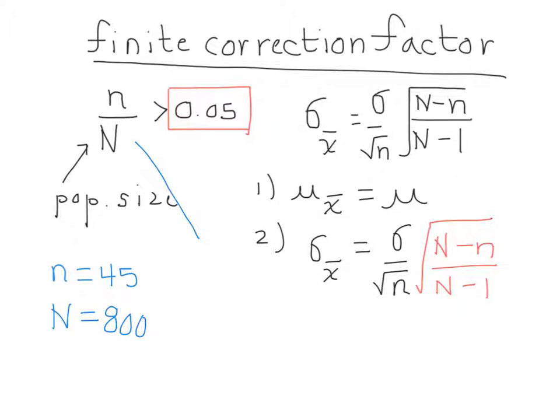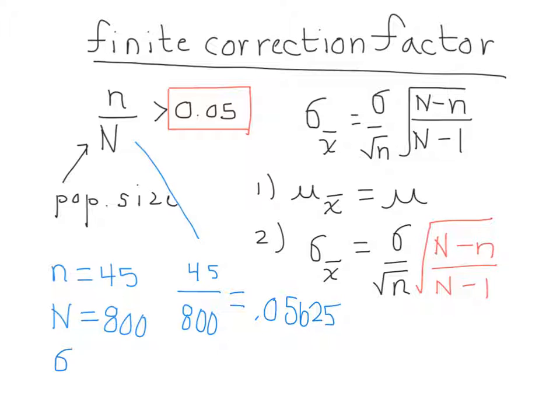Well, once again, we're going to want to take our sample size and divide by our population size and see if that is more than 0.05. In this case, you see when you divide that, it is slightly more than 0.05. So when we get to step 2 of finding the probability of getting a particular sample average, we're going to need to factor in our finite correction factor.